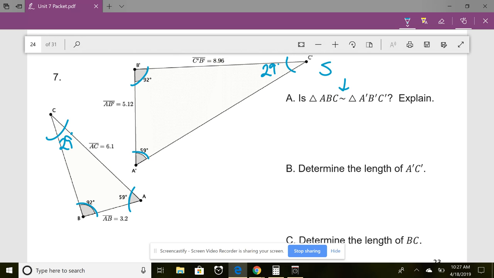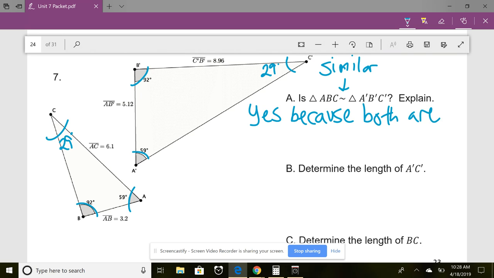This little squiggly line means similar, because both are 92, 59, 29 degree triangles. So when all three angle measures are the same, they are similar.